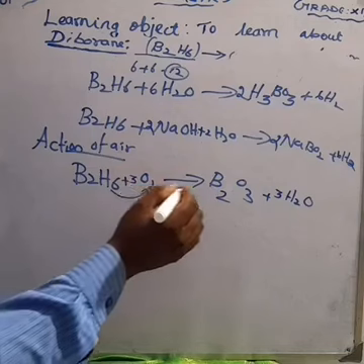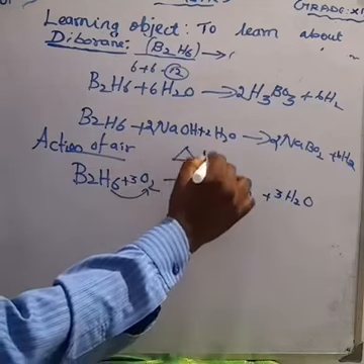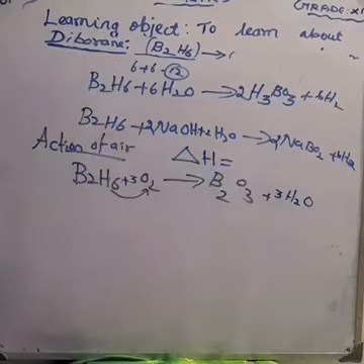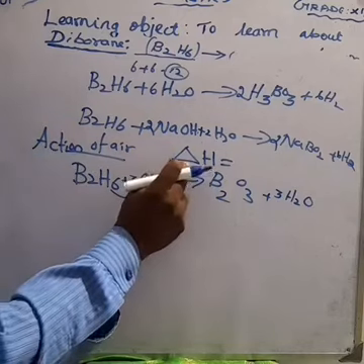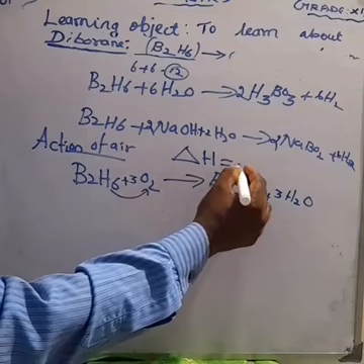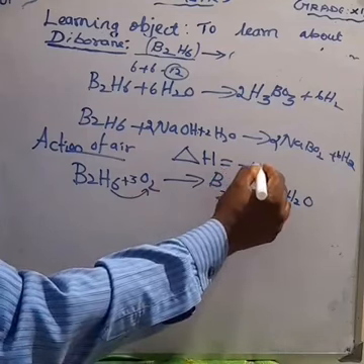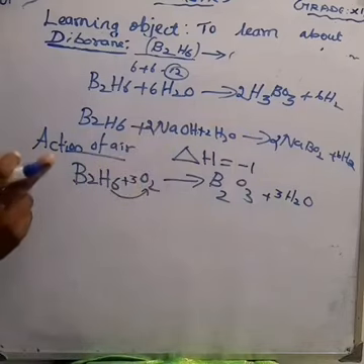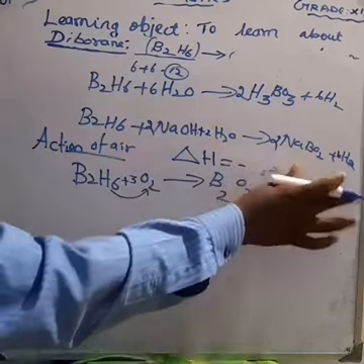My dear children, we have to mention how much amount of heat is liberated. That is the enthalpy of the reaction, delta H is equal to minus 2165 kilojoules per mole.